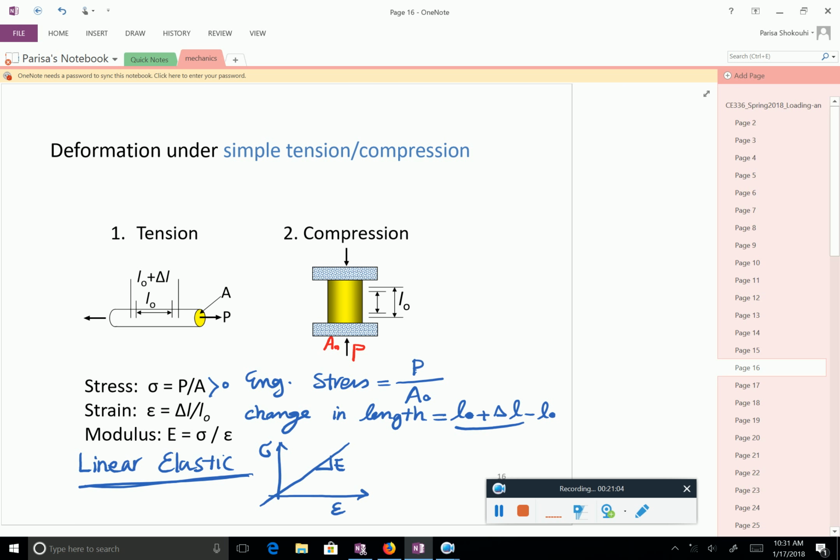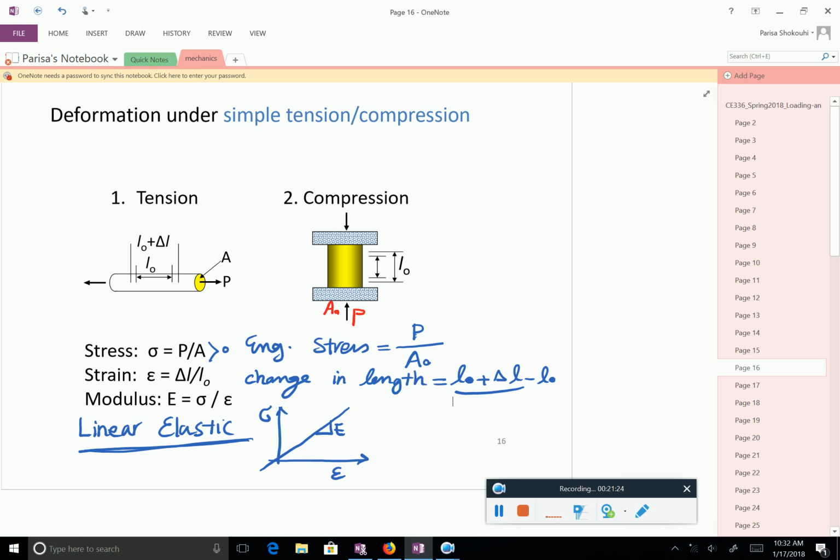Just so to make sure you remember mechanics of materials, there is no other. Okay, I've seen 3. I know it's simple, but it's good to write things down.